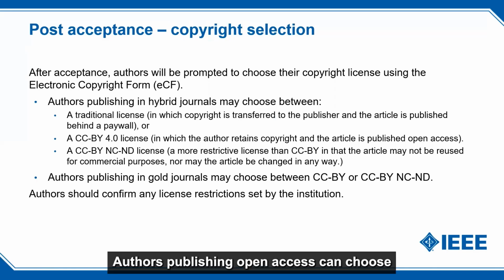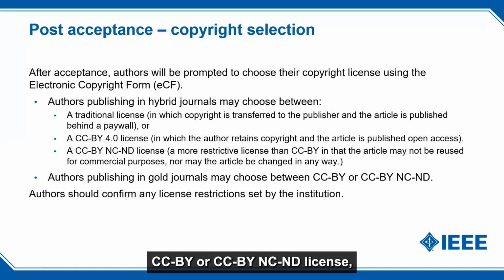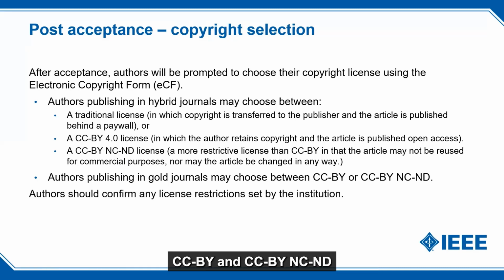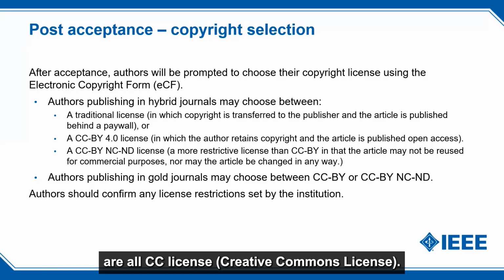Authors publishing open access can choose a CC BY or CC BY NC ND license, whether in a fully open access or a hybrid journal. CC BY and CC BY NC ND are both CC licenses, Creative Commons licenses.